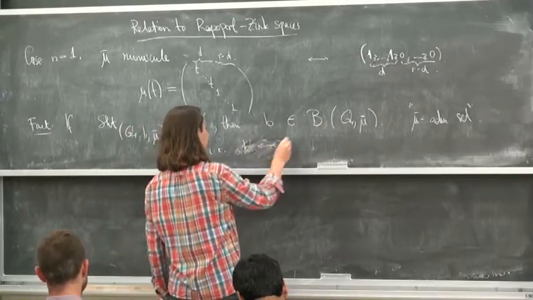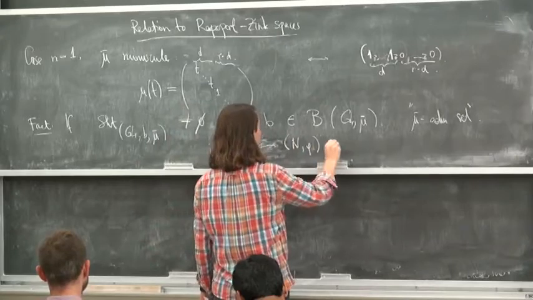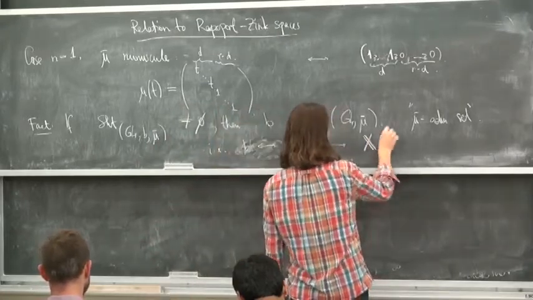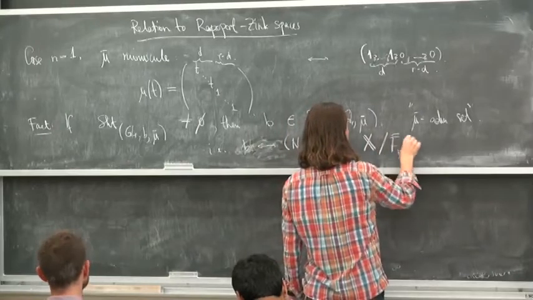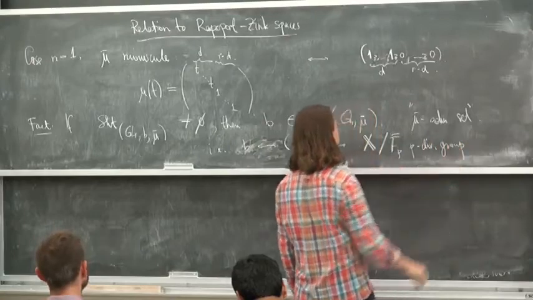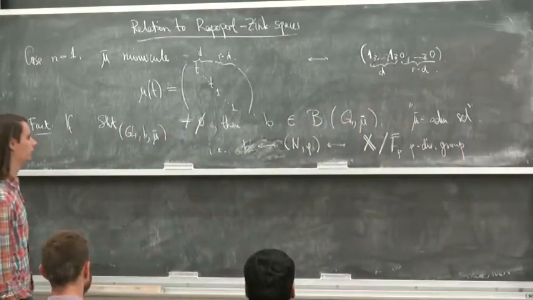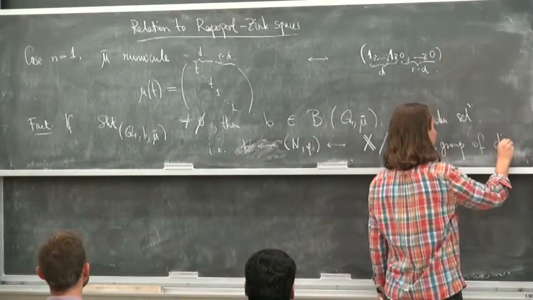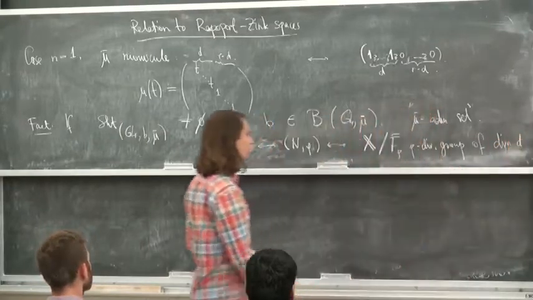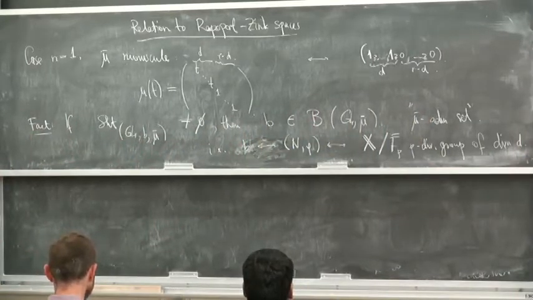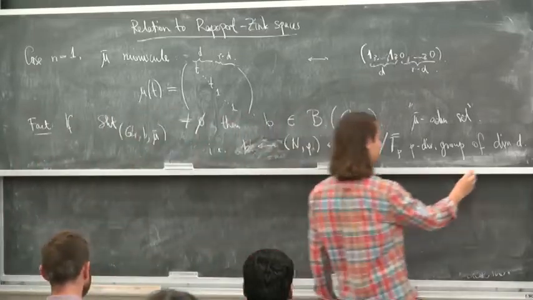of b correspond to some N, phi, and this N, phi actually comes from a p-divisible group, corresponds to X over F_p bar, a p-divisible group. So meaning that all slopes of this b are between 0 and 1, and it actually has to be of dimension d for some normalization of Dieudonné theory, of dimension d and height r.